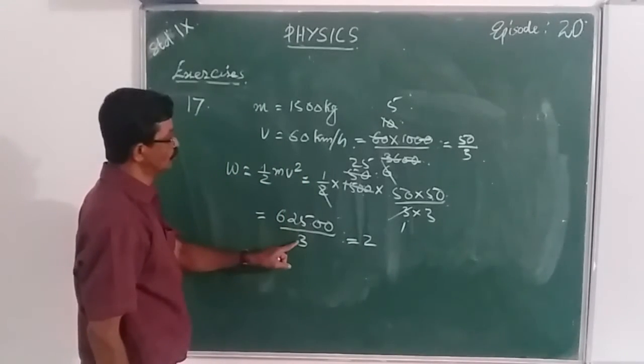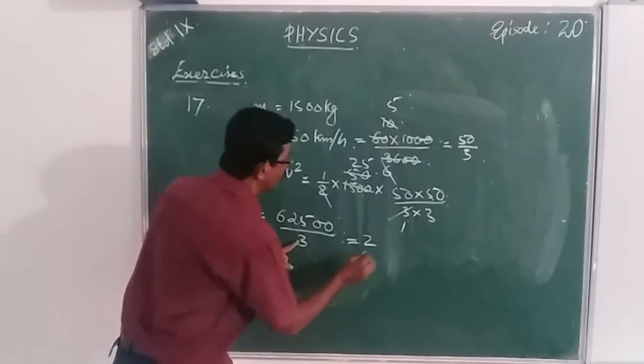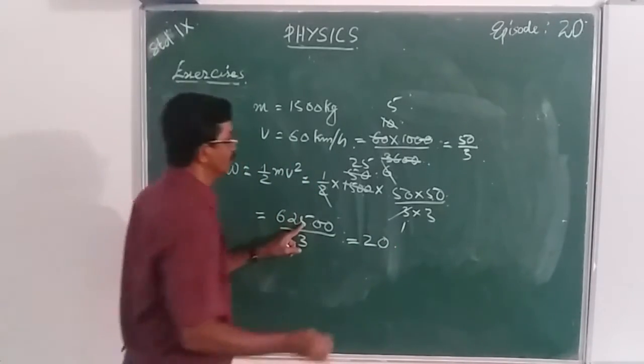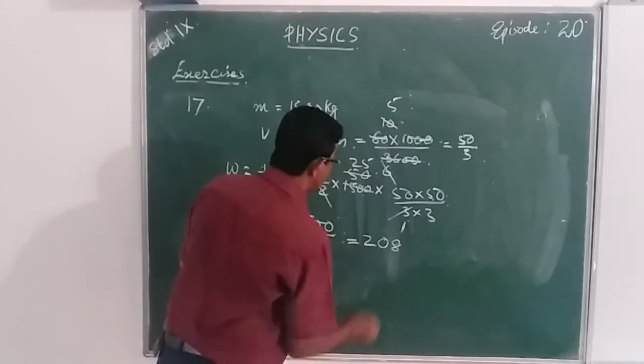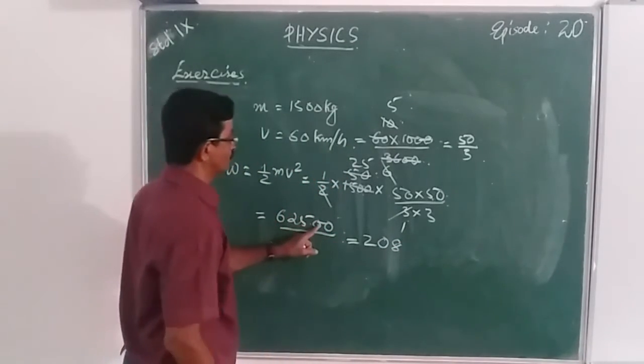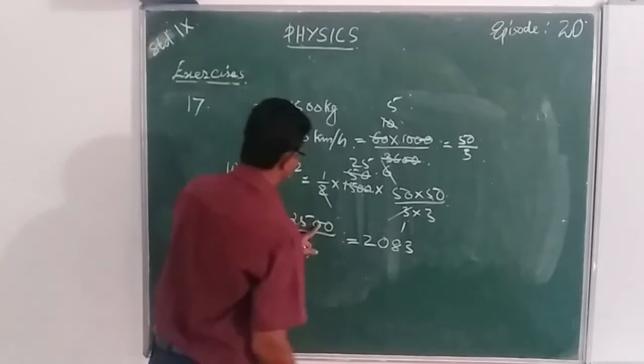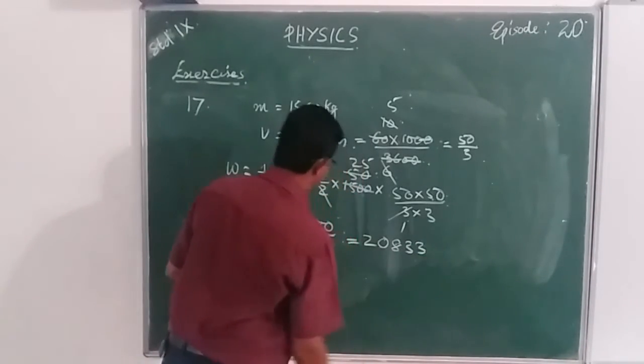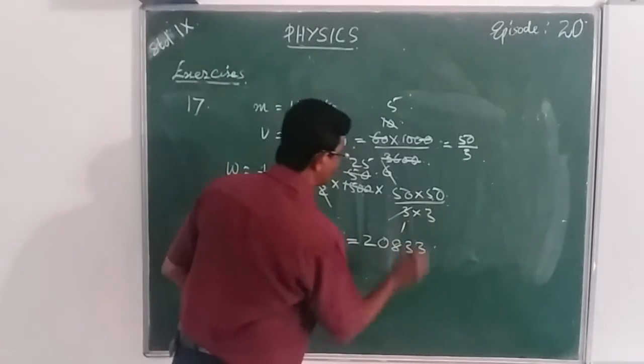In 2, 3 is not possible, so we can put a 0 in 25. How much? 8 times, then 3, 1 on 3, point something.